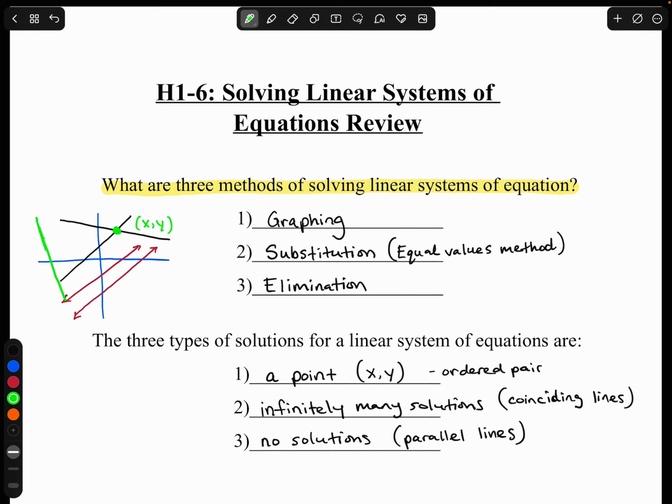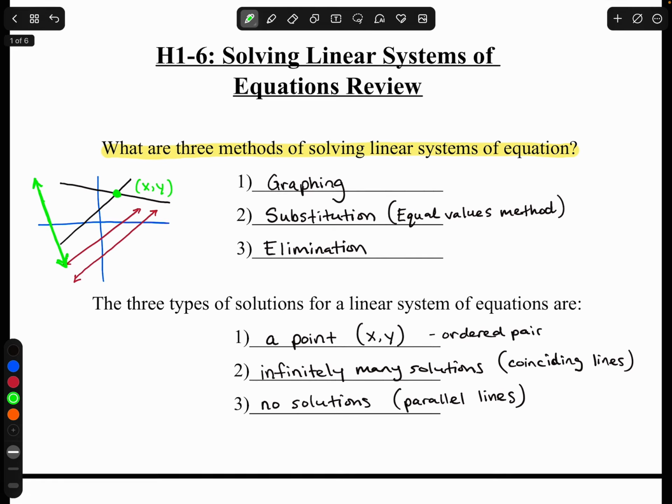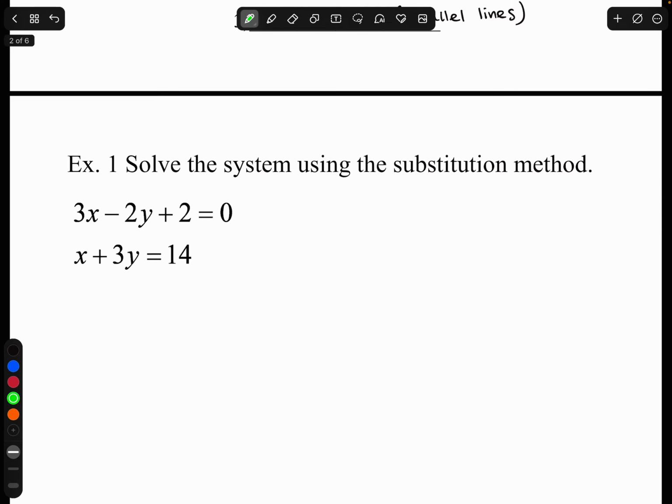And if you have lines that are right on top of each other, that's what we call coinciding lines, and they would share infinitely many points because both lines are made up of an infinite number of points. So they would share all of their points together.